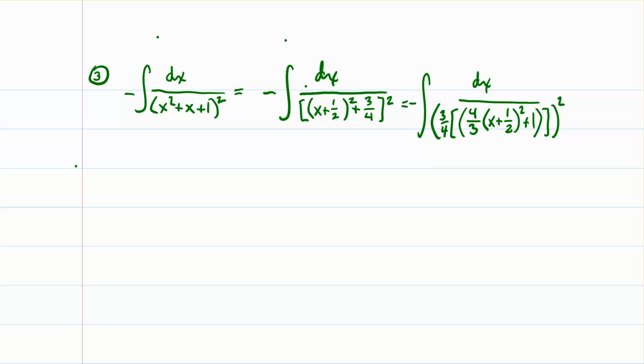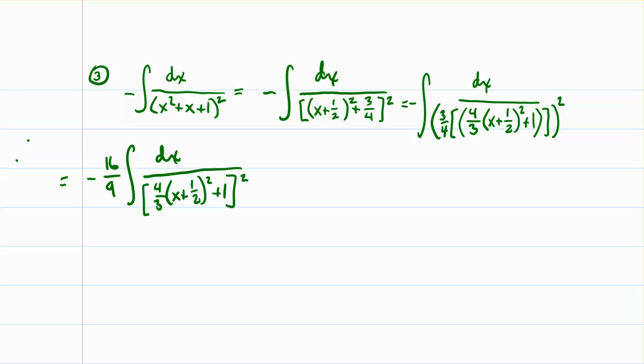When I bring it out and take the reciprocal, that's going to come out as 16 over 9. But by bringing that out, it does make our integral just a little bit simpler, easier to work with. And again, you can pause at any point and make sure you can work through the algebra involved there. I'm not going to go through that step by step. It's a bit of a leap, but it's not too bad.